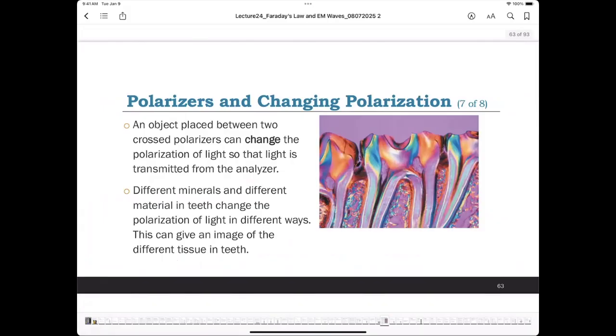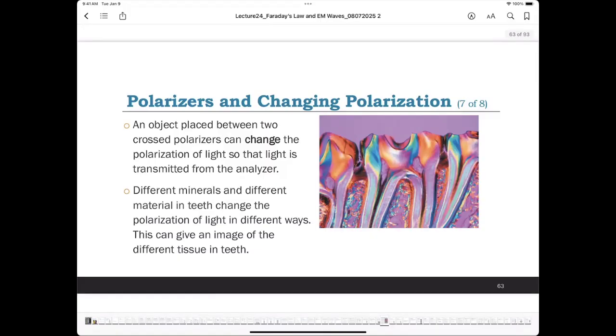An object placed between two crossed polarizers can change the polarization of light so that light is transmitted from the analyzer. Different materials in teeth change the polarization of light in different ways.